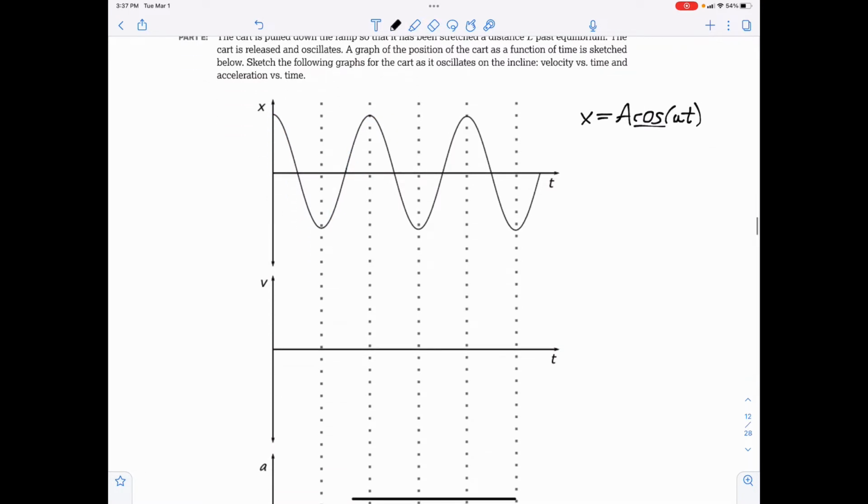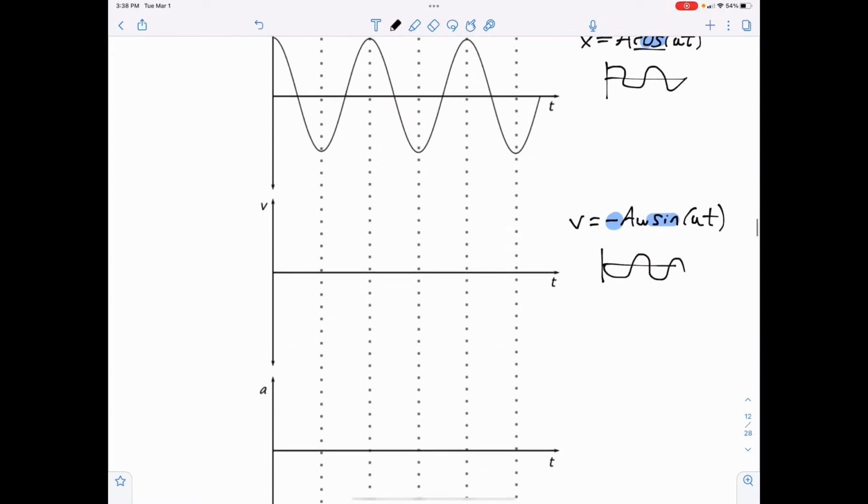So now if we go from a cosine graph to a velocity graph, the next graph would be negative A omega sine omega t. And so we're graphing a cosine function, here we're graphing a negative sine function. Recall, a negative sine function looks like this. Cosine function looks like this.